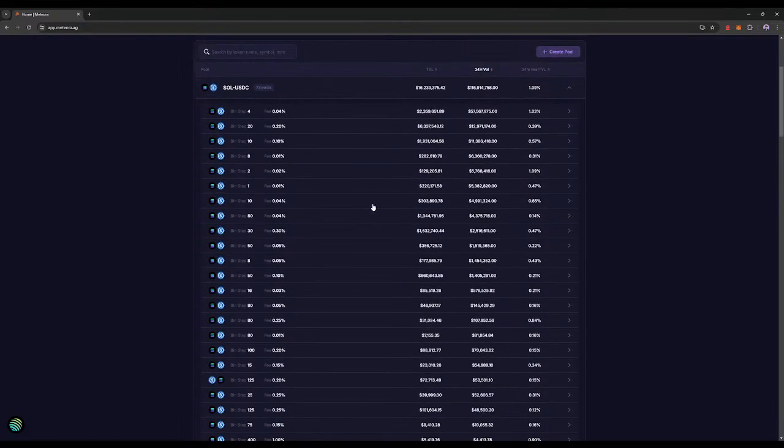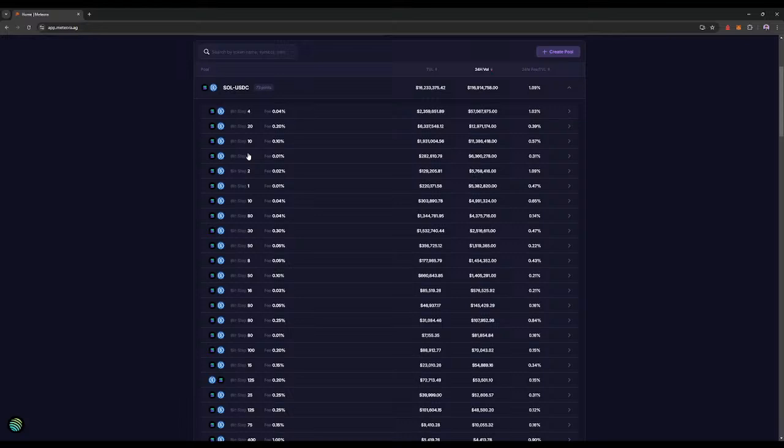However, these are unique pools because there is some attribute of these pools that differs from each other.